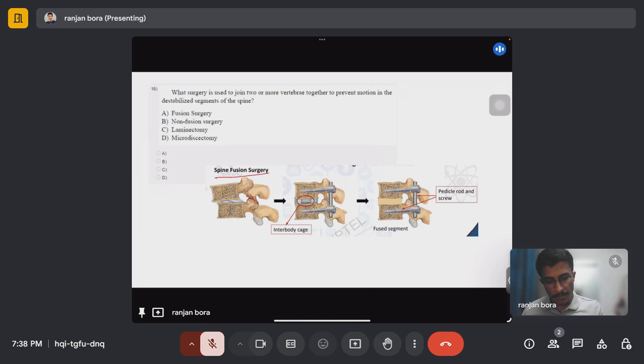That means in this you can see there are some fractures here, and how do you fix that fracture? We use this implant, and finally we fuse the two vertebrae together. So the option is fusion surgery.